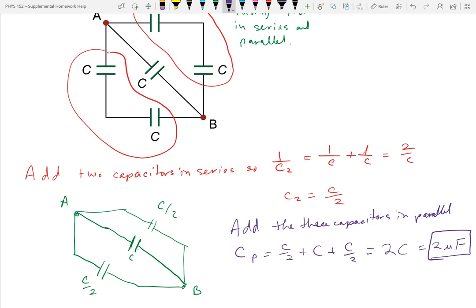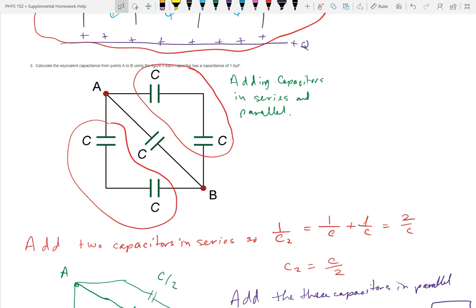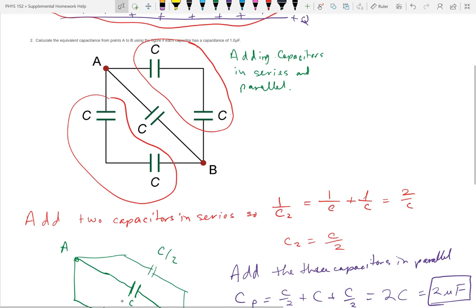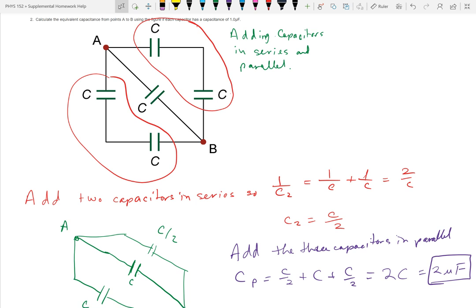So the point that we need to learn here is how to add capacitors in series and in parallel. Capacitors in series add as 1 over, but the resistors add just normally.